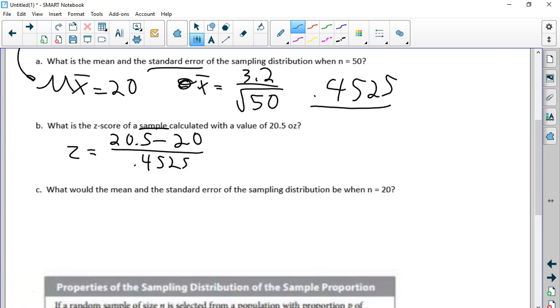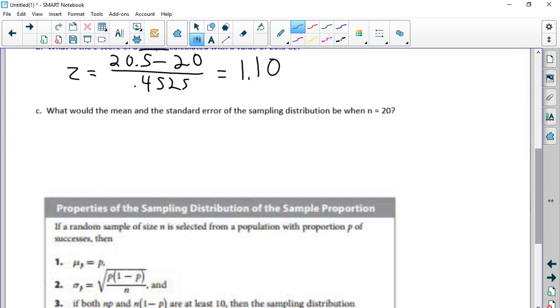And please remember when you type this in your calculator, hit enter after you hit 20 and then divide by 0.4525. Otherwise, your order of operations will divide 20 by 0.4525 and then subtract that from the 20.5 and you'll get a wrong answer. So you should get 1.104, so it's going to be 1.10. That's our z-score, just slightly above one standard deviation.